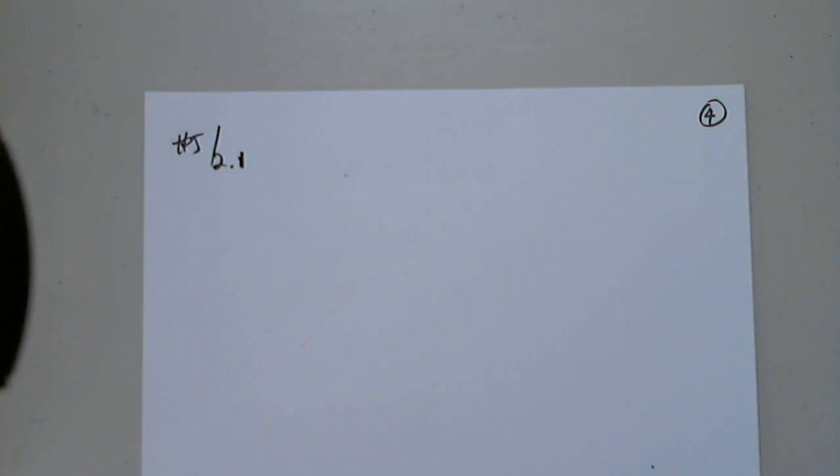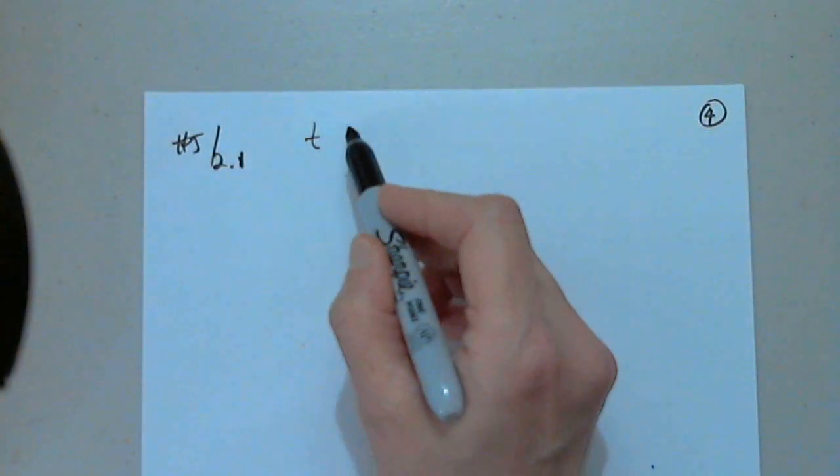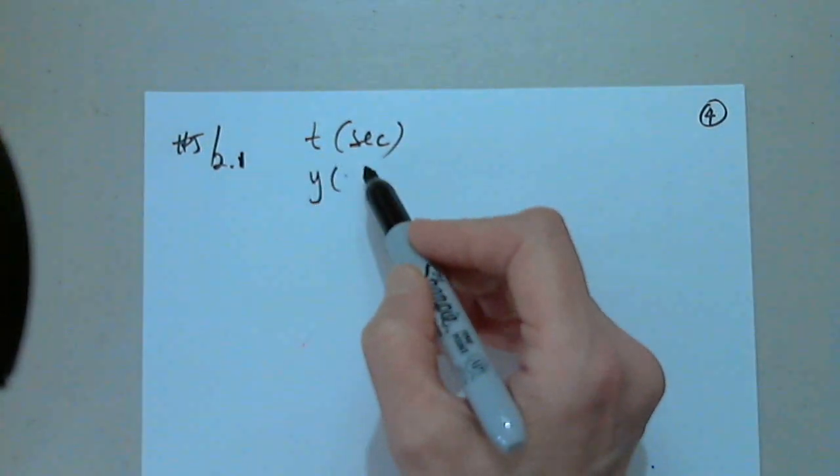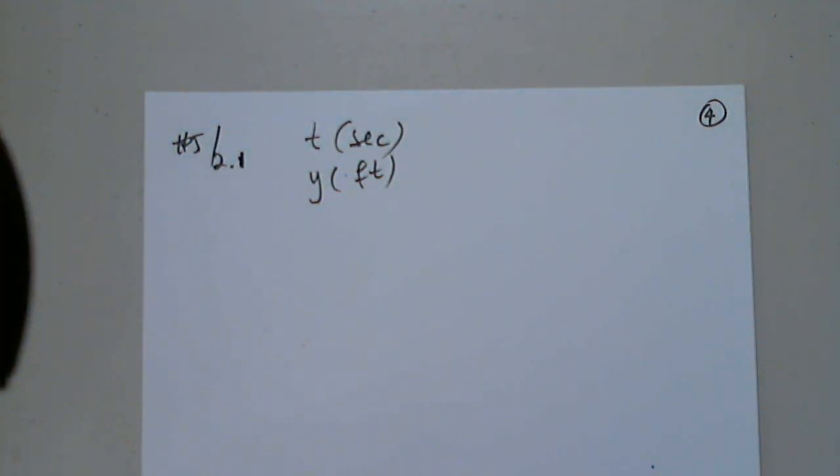So the deck of a bridge is suspended 175 feet above a river. If a pebble falls off the side of the bridge, the height in feet, so this is y, of the pebble above the water surface after t seconds. So I take notes, t is in seconds, y is in feet. Always remember that.